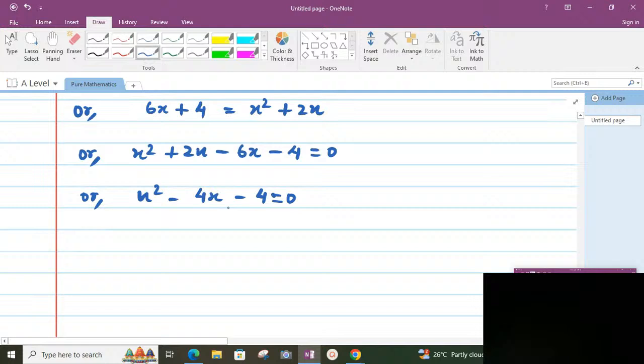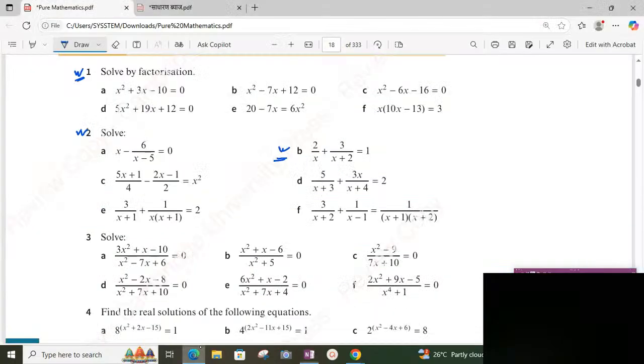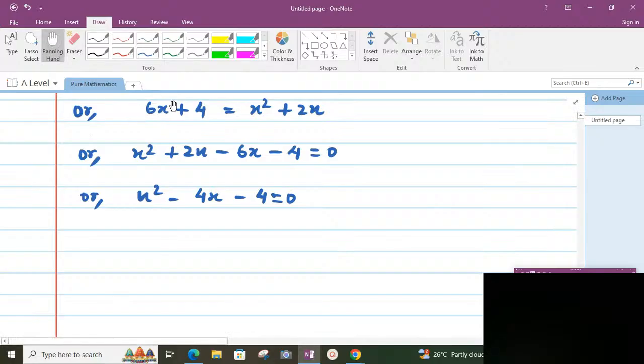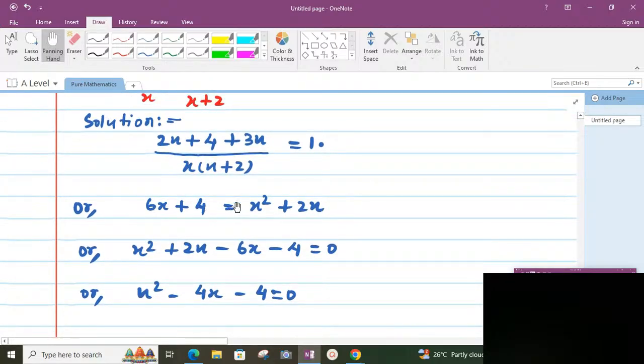Multiplication will be minus 4, and your addition or subtraction will be minus 4x. 2x plus 3x equal to 5. I committed a mistake at this step. Here will be 5x plus 4 equal to x square plus 2x.